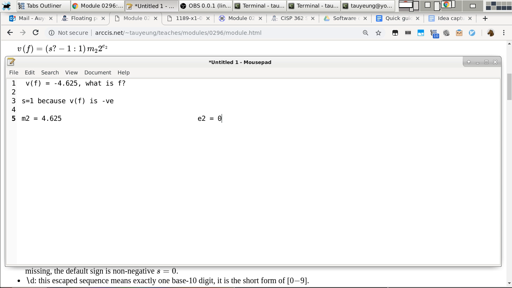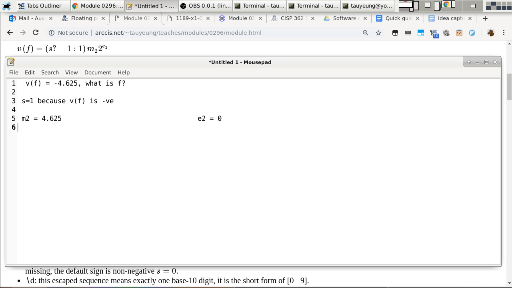I don't need the 2 to the power of E2 to have anything to affect the actual value. So we just turn E2 into a 0, so that 2 to the power of E2 is 1, and multiplication by 1 is the identity. It doesn't affect the value. Is that making any sense? It's my starting point, okay? We're not quite done yet, but it's a good starting point.